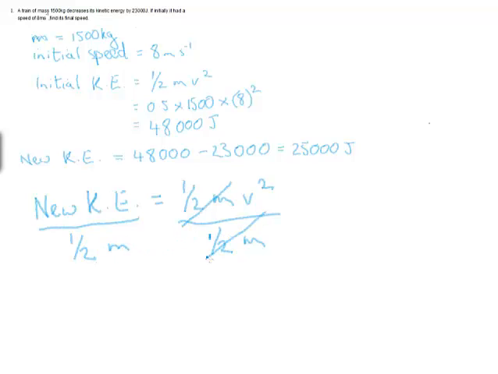This side therefore gets cancelled out, and we now find new kinetic energy divided by a half times the mass equals velocity squared.